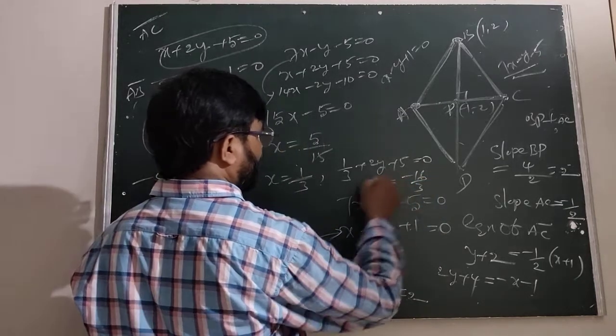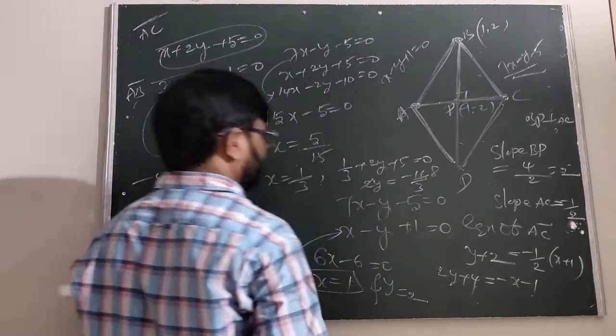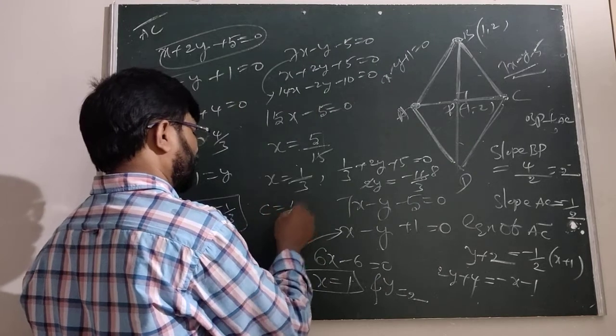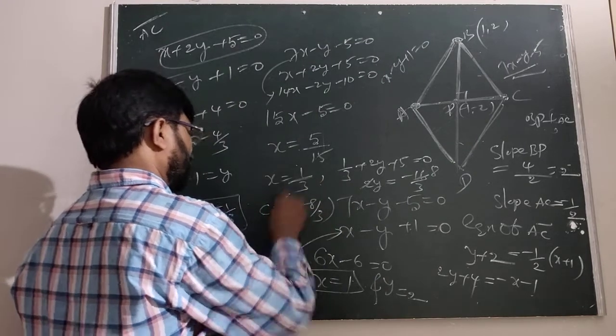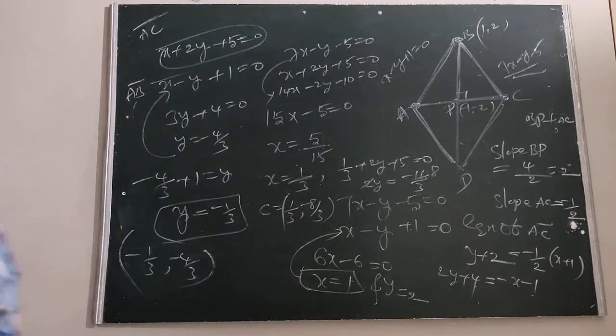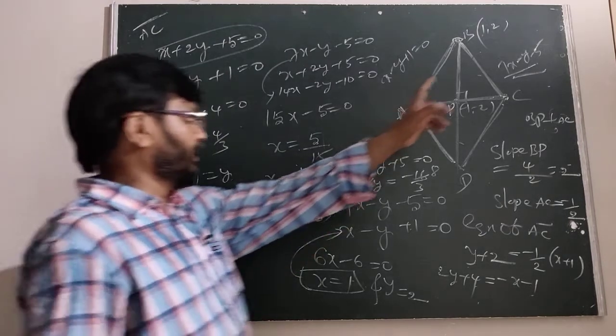The value of y is minus 8 by 3. Now the point C is (1/3, -8/3). This is the point C.